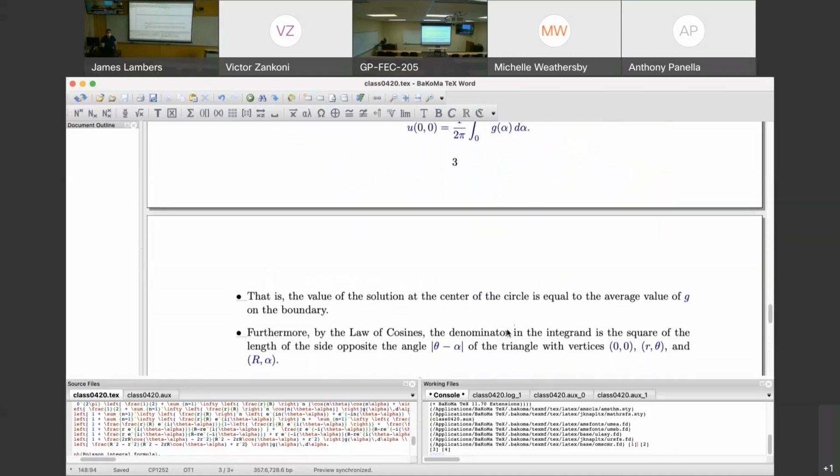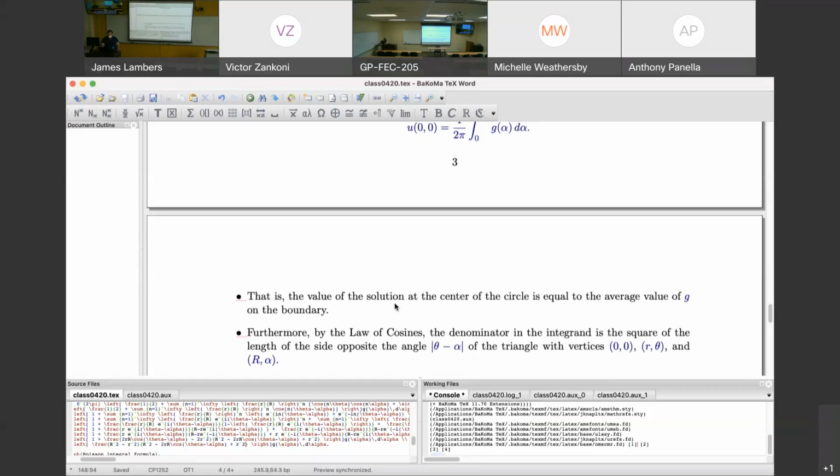Which makes sense because u is a solution of Laplace's equation. A function for which the Laplacian is 0 is equal to the average of its values. So the value at a point for the solution of Laplace's equation, also known as a harmonic function, is equal to the average value on any circle with that point at its center.